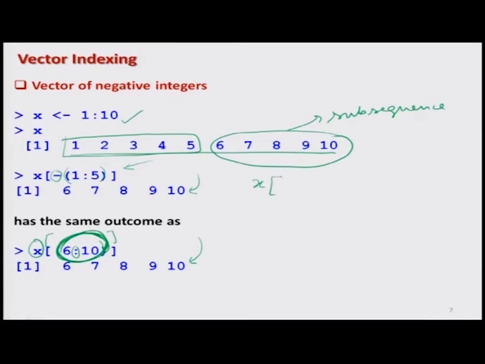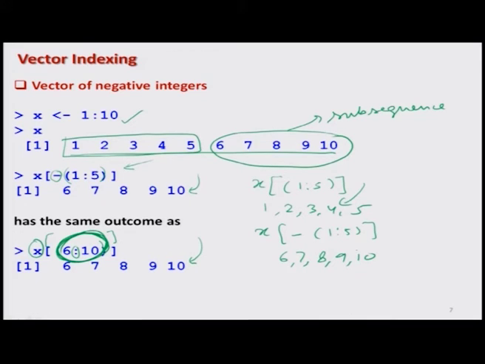For example, if I want to write down only the values of x from 1 to 5, I will show you that you will get the answer 1, 2, 3, 4 and 5. But as soon as you put a negative sign, then you get the answer 6, 7, 8, 9 and 10. So, this negative sign changes the selection, just the complement, just the opposite.